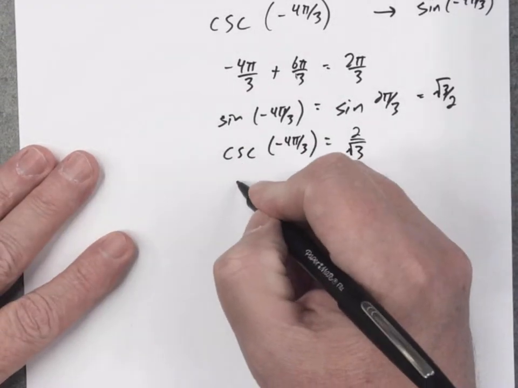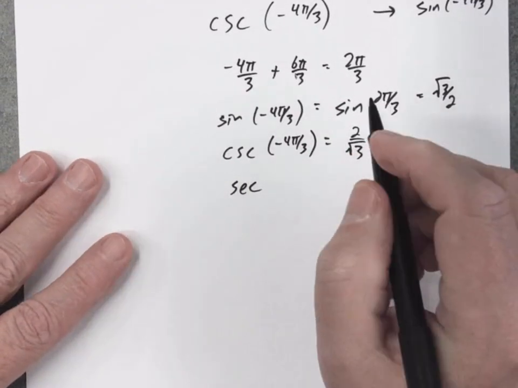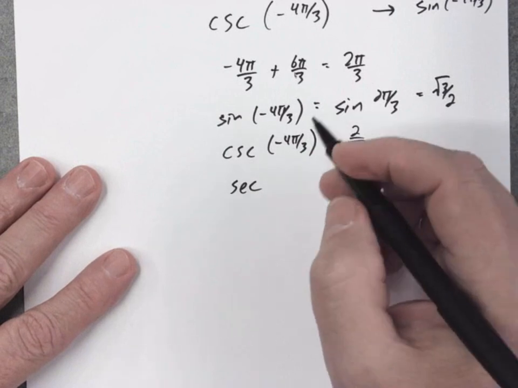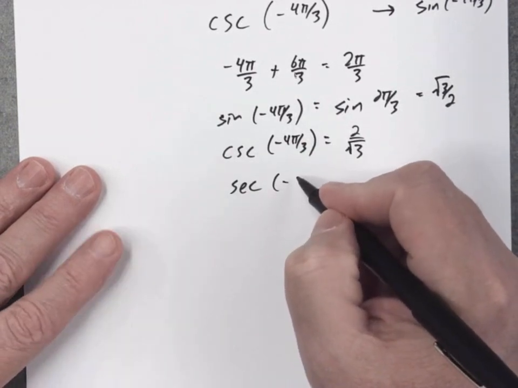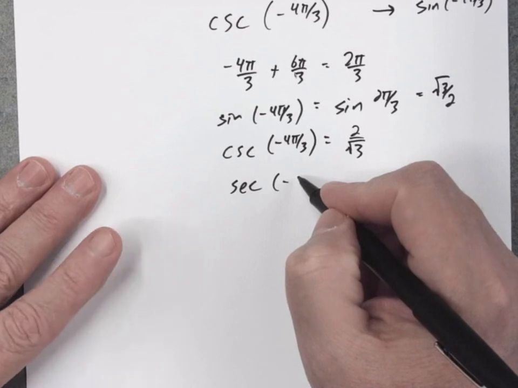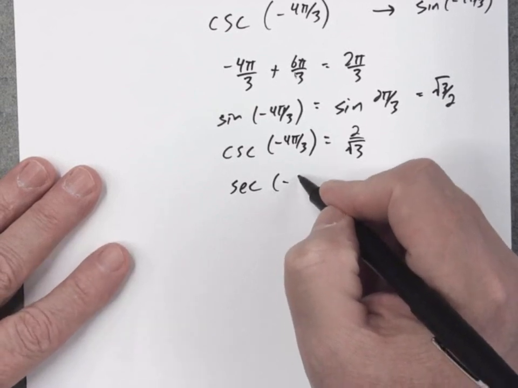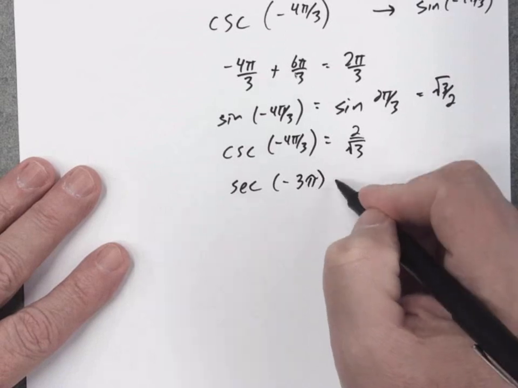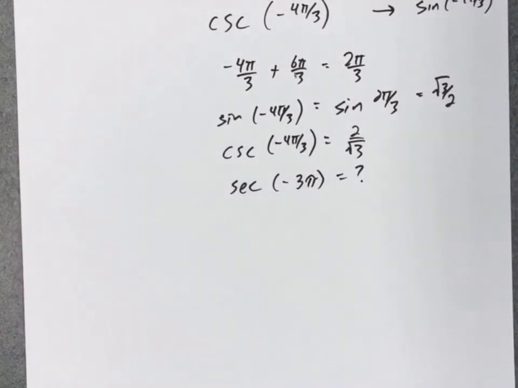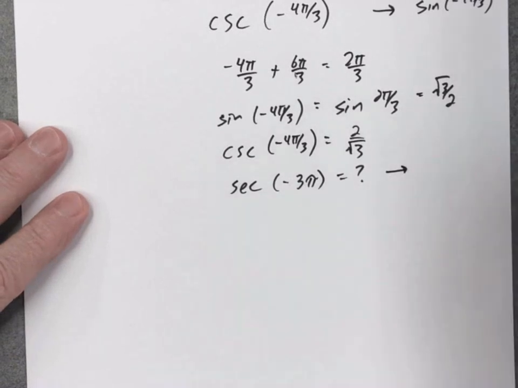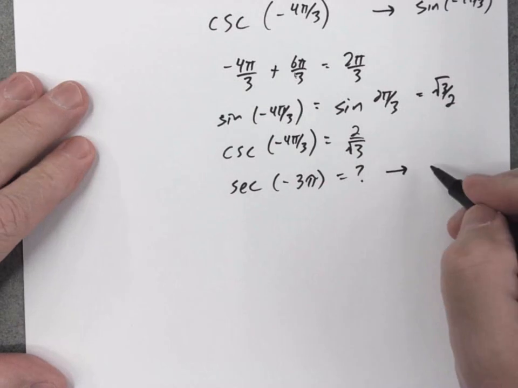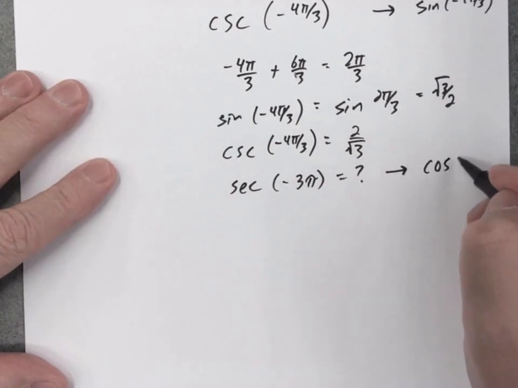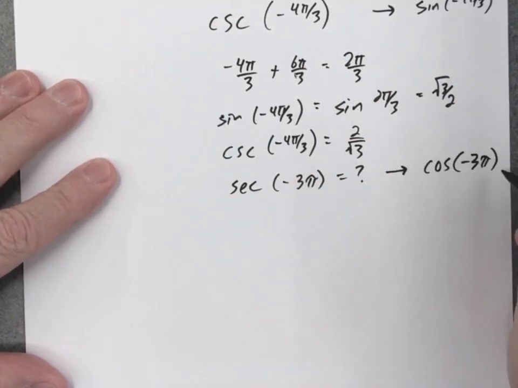How about the secant of negative 3 pi. Well, for the secant, what I really want to do is go find the cosine of negative 3 pi.